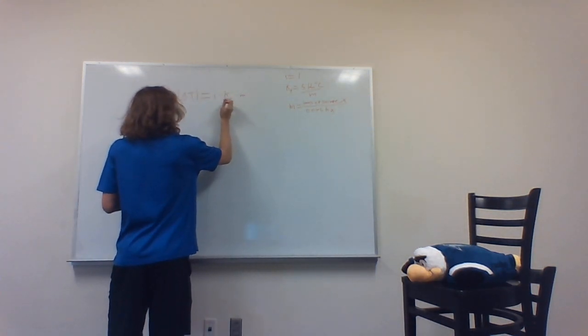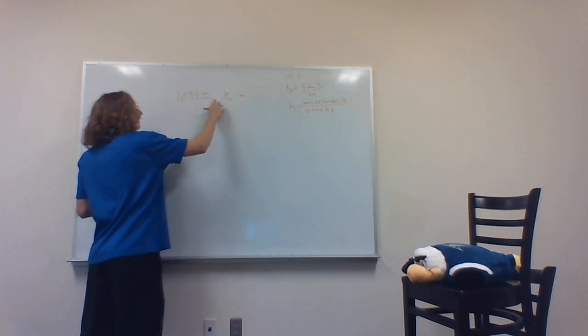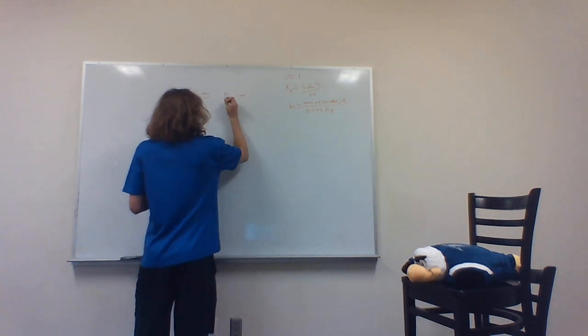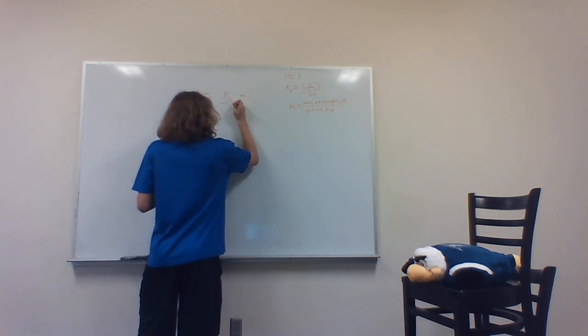I is just 1, so it doesn't really need to be there. So we divide by Kf on both sides.